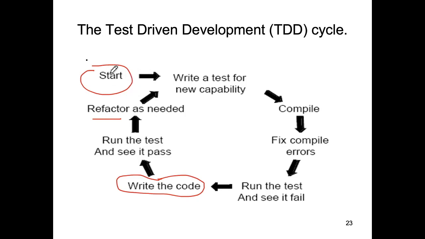We now take another small part of our specification. Maybe it's an extension of the current method that we're working on. You write a test for that new part that you're focusing on, and you stay within this cycle again. Brings us all the way to here. Clearly, the test that we wrote in the previous iteration, hopefully that still passes.